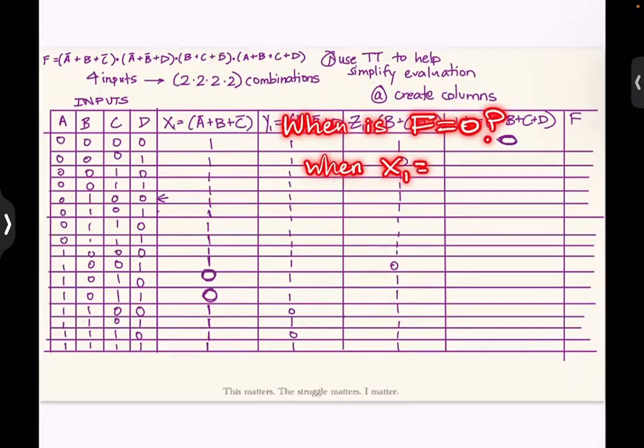And the last part is when F is an AND gate. So for the AND gate to happen, X1, Y1, Z1, and W1 all need to be 1. So that means for any place that we see 0, we can write F in as 0.